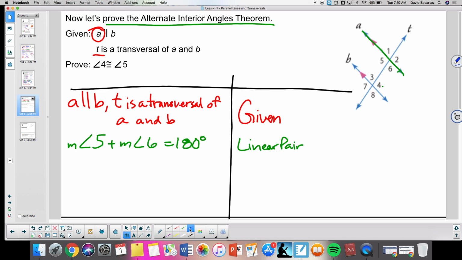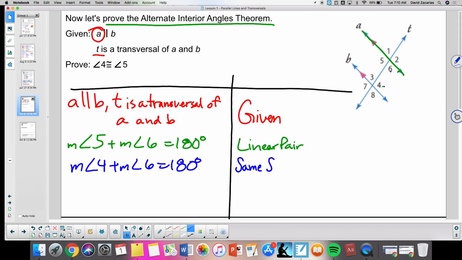We can also say, since these are parallel, we know 4 and 6 have to add up to 180 because they are same side interior angles.